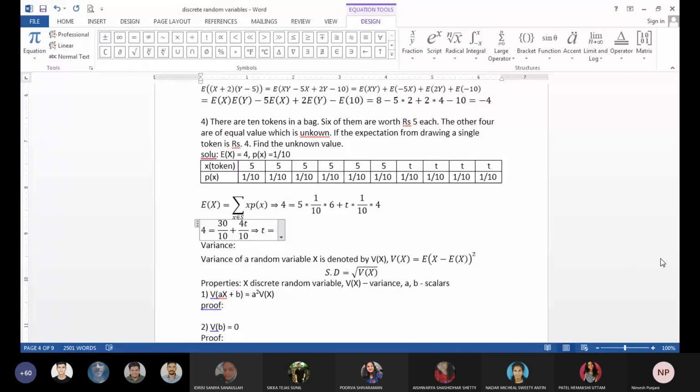That is the right hand side which I get. So now solve this and get the value of t.